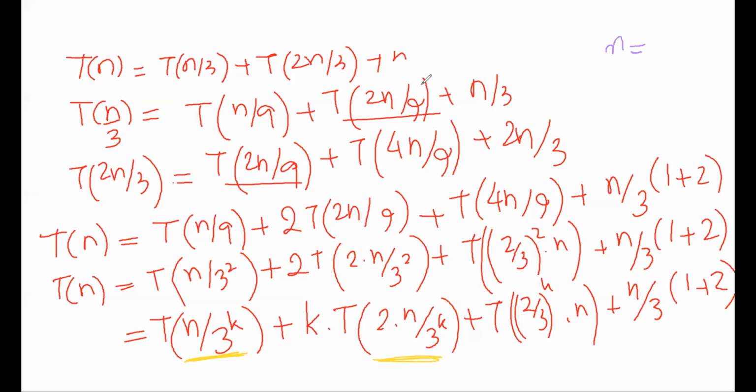If I put n equal to 3^k, so k is log n to the base 3. And if I put 2n equal to 3^k, so that I can get T(1) in this case.